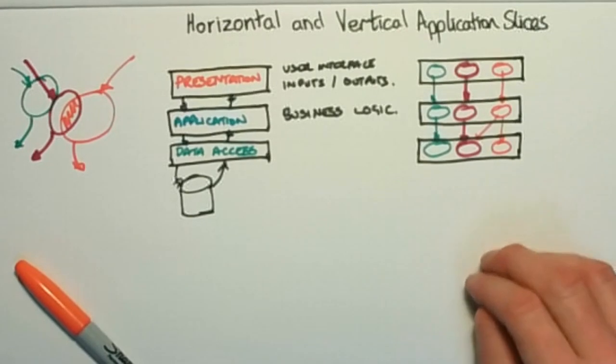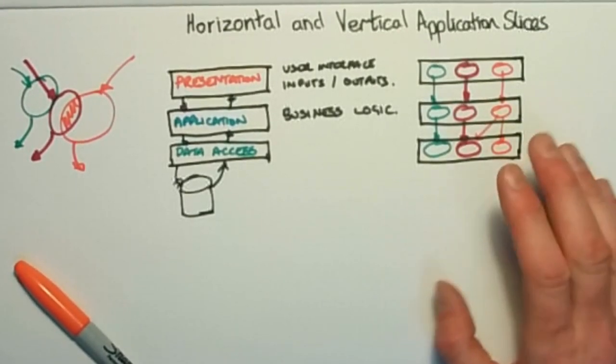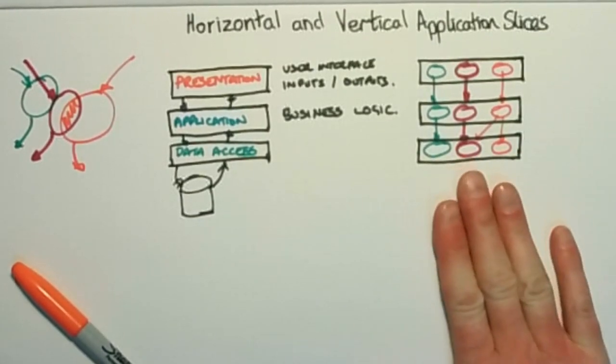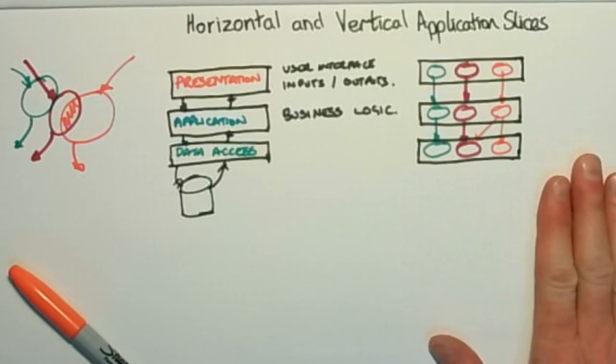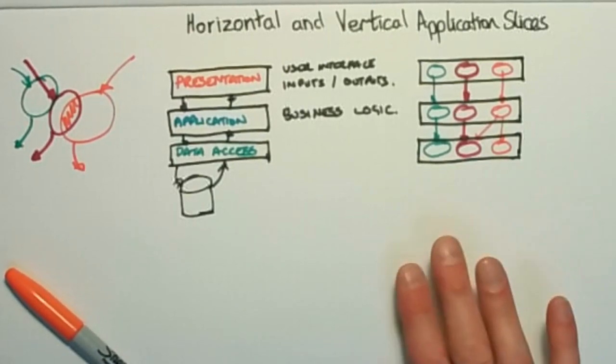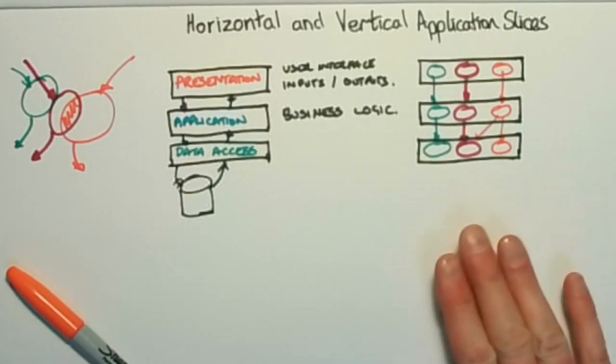It does become quite unwieldy and can be quite complicated. But for small applications, this is probably a very good way to do this. If you're getting more complicated, then you're going to get into domain models and microservices architectures and things like that. But let's keep it simple for the minute.